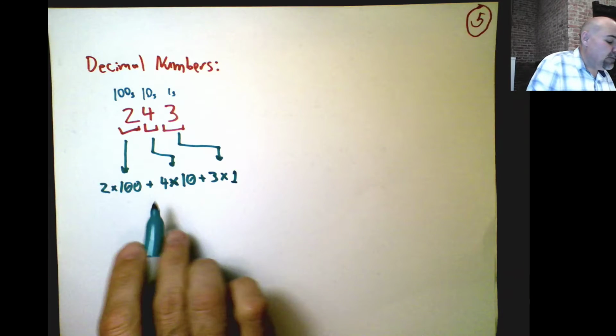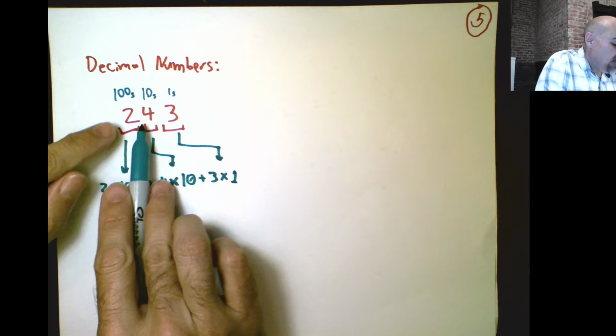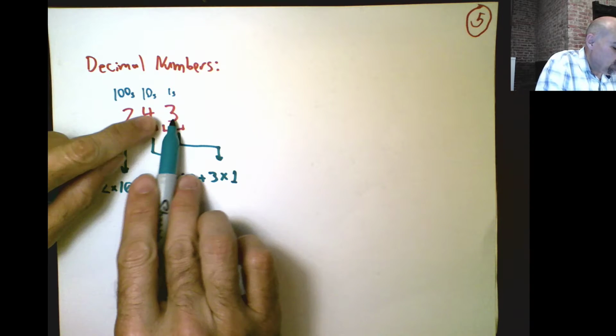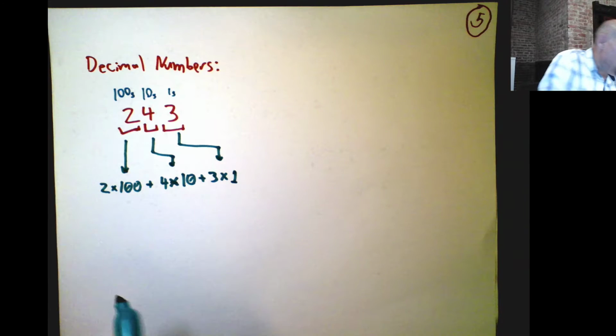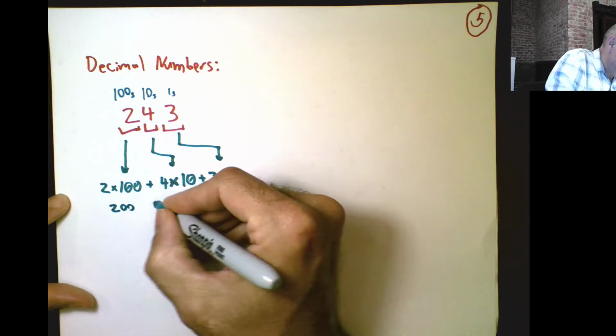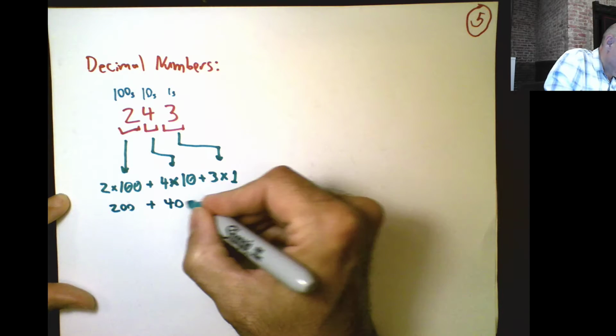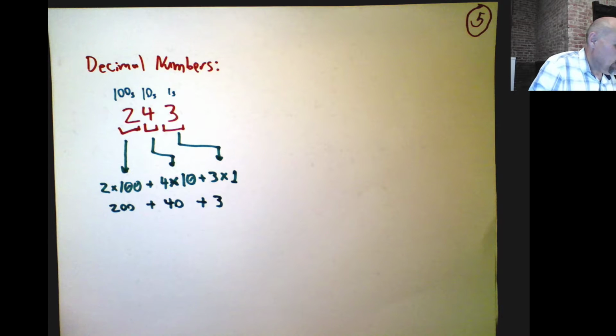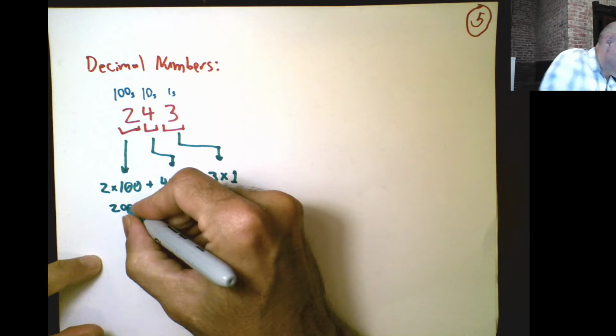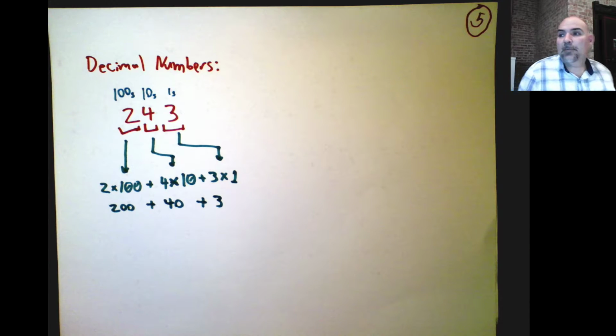And you can see that when you read this, 243. So in other words, this is 200 plus 40 plus 3. So 243.